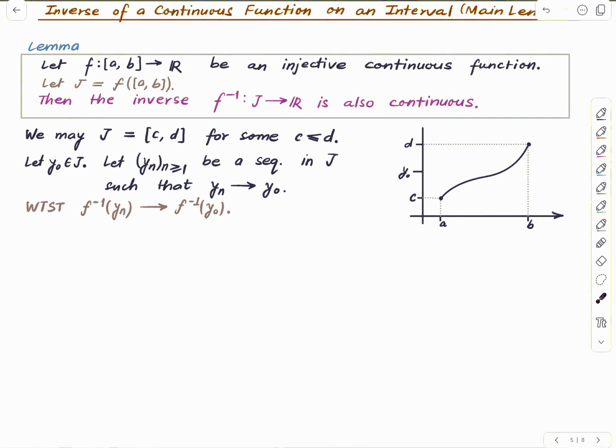Okay. So we will write this thing as xn and that as x0. And let me also denote things in the figure. So here we have x0, and let me also maybe draw one thing for yn.